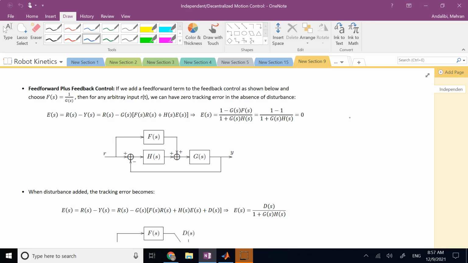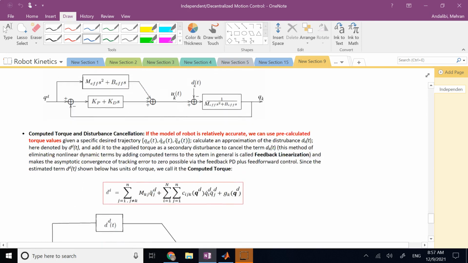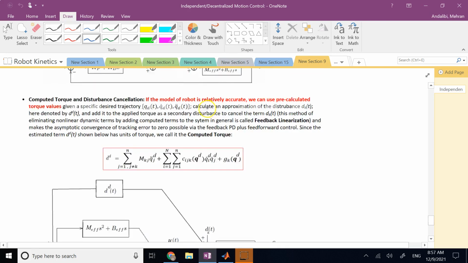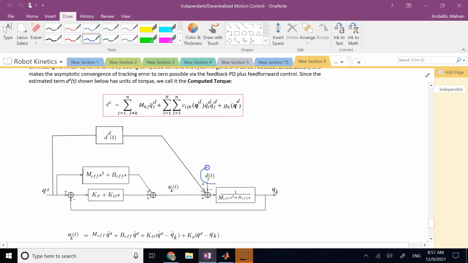That extra input that we calculate and pass to the system is the reason we call it the method of computed torque. The goal is to cancel the d_k that we had. Now we try to add the d_d term. So that's why we call it computed torque.